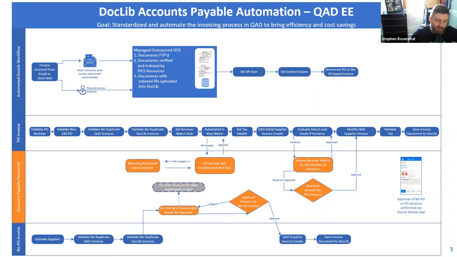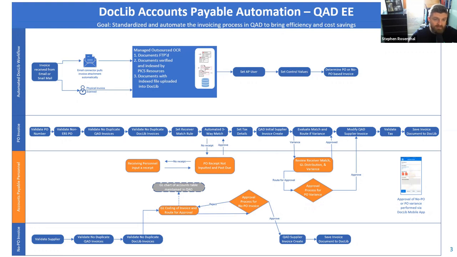Our approach as a company is to provide out of the box integrated workflows to ERPs for our customers, and not to just provide a system that can replace the ERP as a system of record for the AP process.